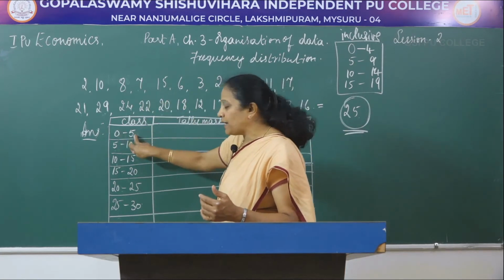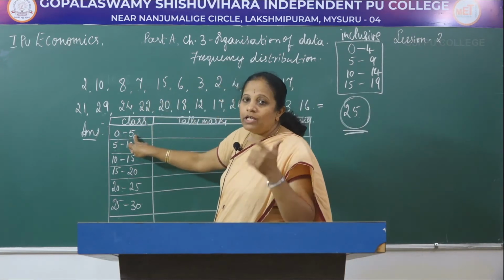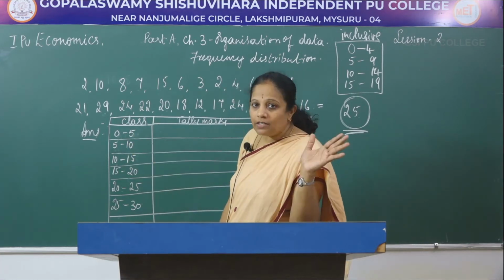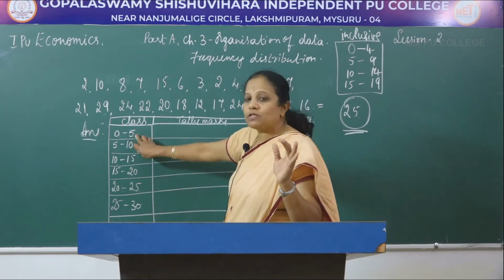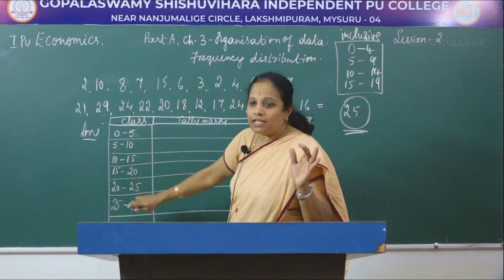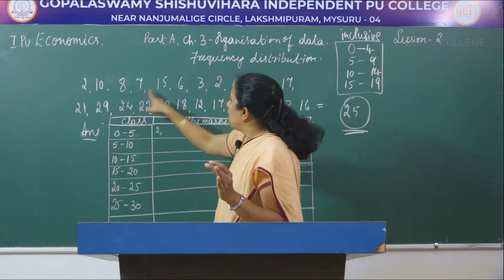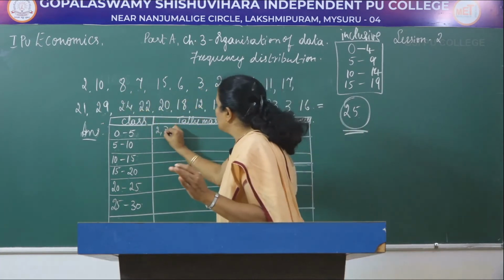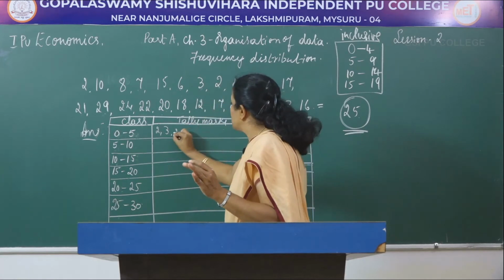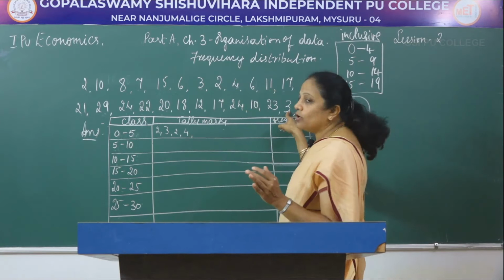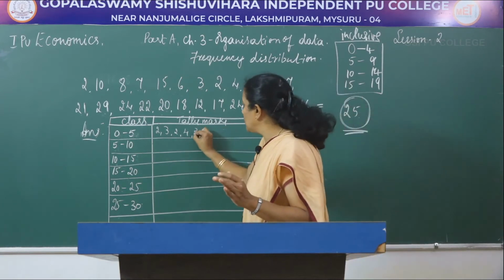Now first let us see the numbers that come under this class. 0 to 5 means we are considering only 0, 1, 2, 3 and 4. We are excluding the number 5 because it is an exclusive method of classification. So, 2 is here, then 3, then again 2, then 4, then one more 3, and another 3.